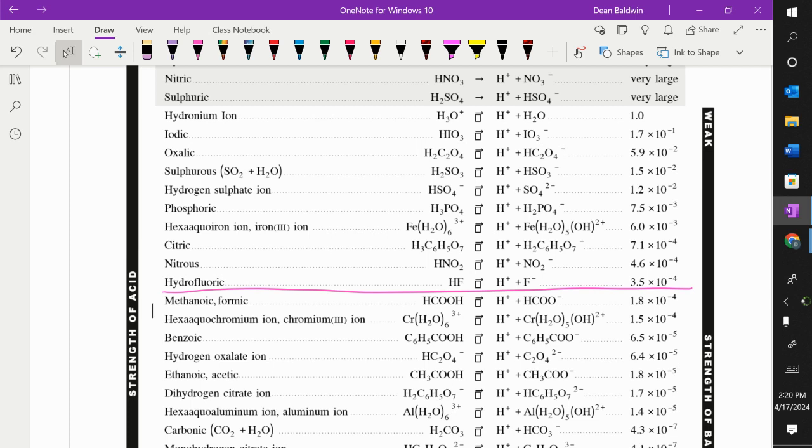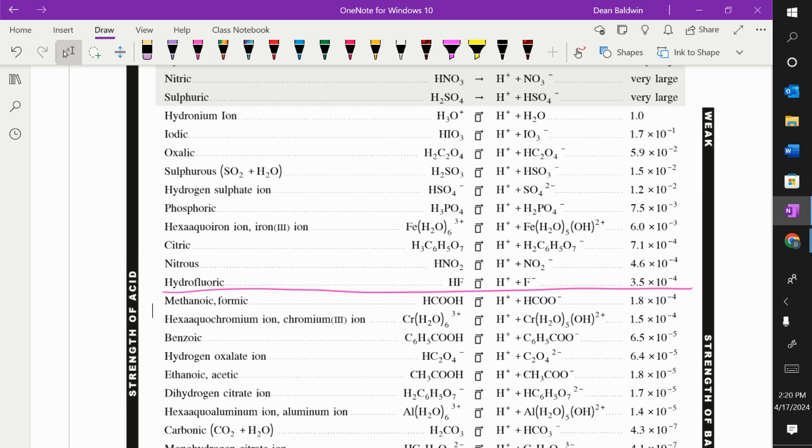If you took even another oxygen away, this doesn't actually exist, but we'll pretend, H2SO2, there are only two oxygens that can pull electron density away from here, whereas in this one, there are three.